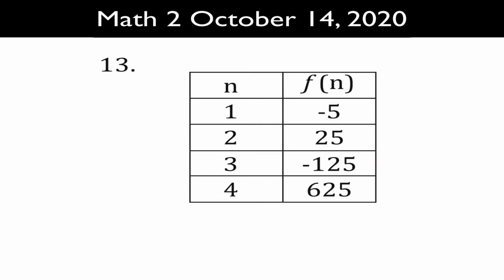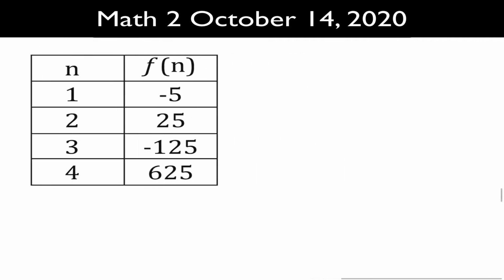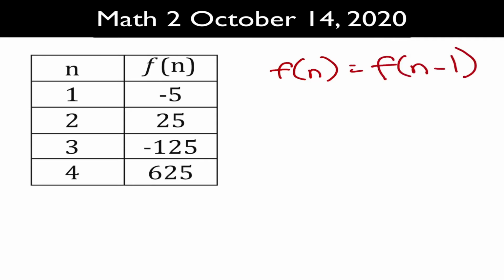So let's go ahead and do our recursive. Let's do f of n equals f of n minus 1. And then what's happening each time? As I increase, I'm multiplying by -5. So just so it's not confusing, let's say times -5, times -5, times -5.